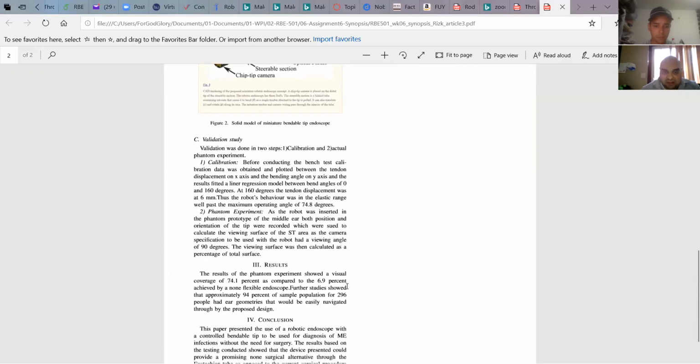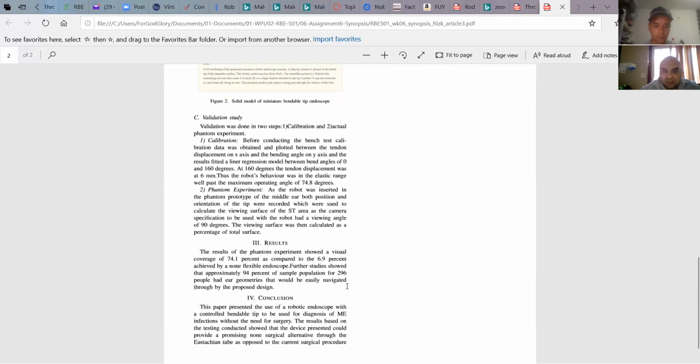Based on that, the results of the phantom experiment showed a visual coverage of 74.1% compared to the original 6.9% achieved by a non-flexible endoscope. Further studies showed that approximately 94% of a sample population of 296 people had ear geometries that would be easily navigated by the proposed design.